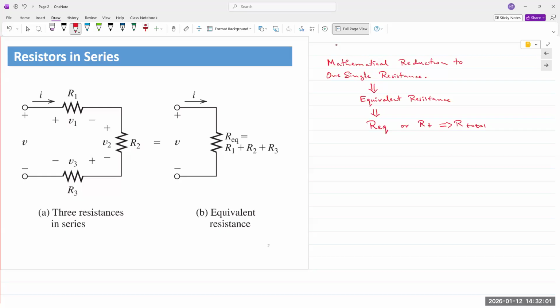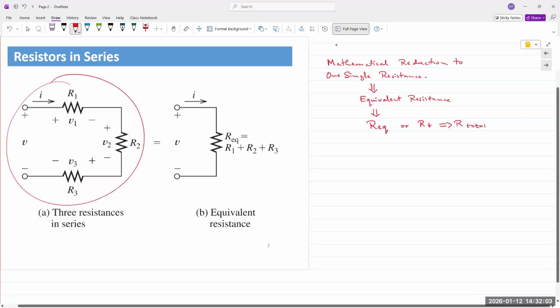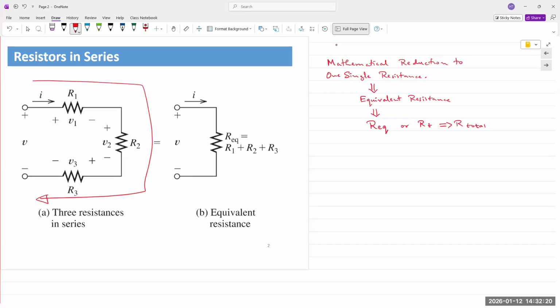So if you take this simple series circuit, we have current I that enters the terminals, and current I goes through each one of these resistors. There's no other place for the current to flow. Let's assume there might have been a power supply connected to the left of these three resistors.